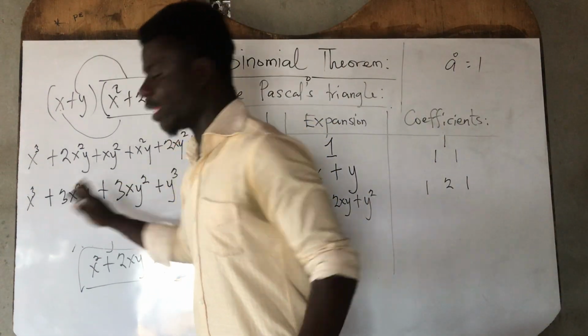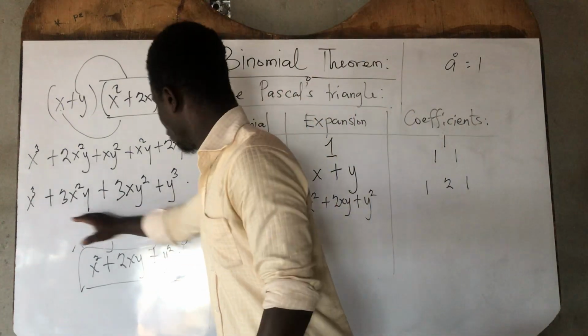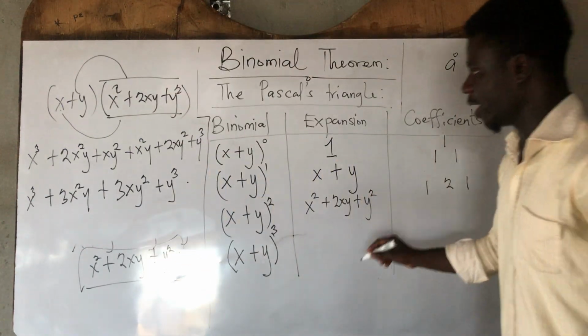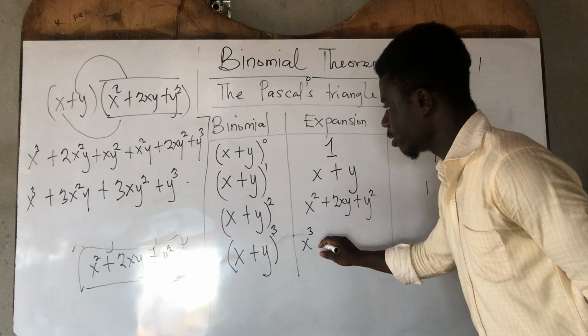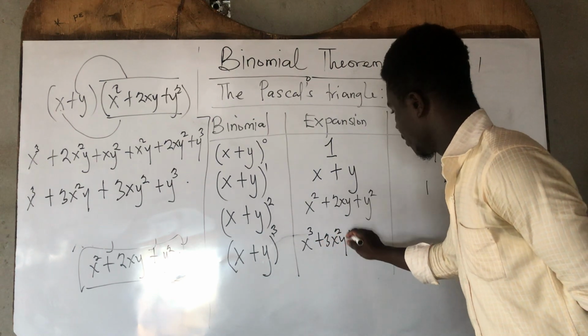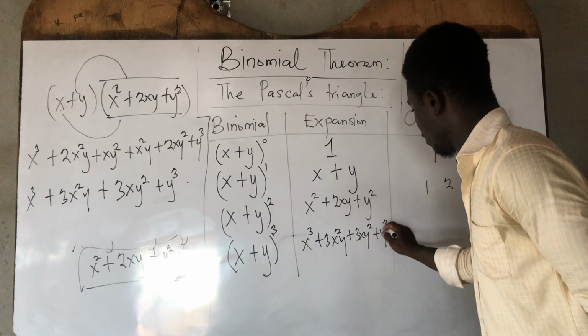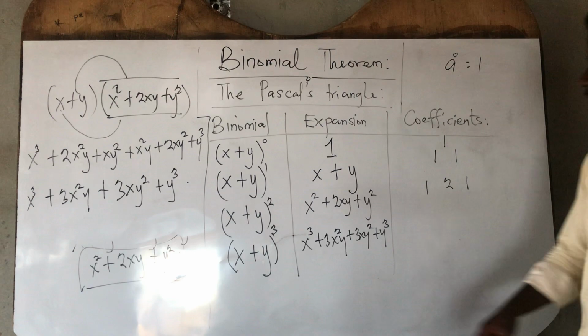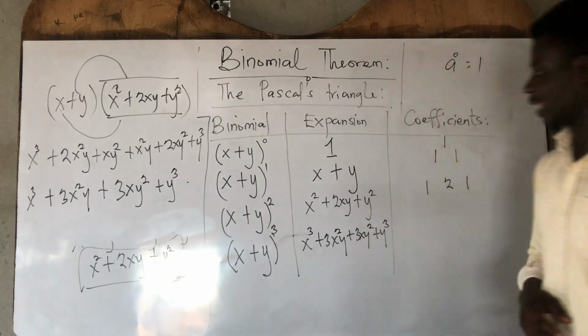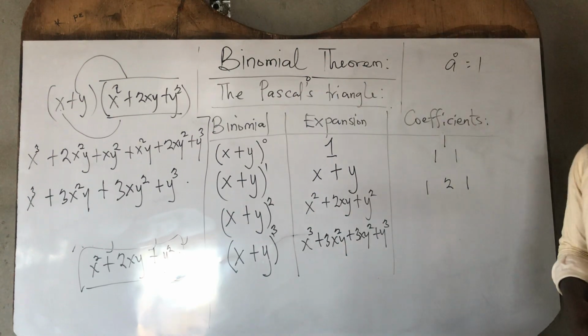You cannot add this to that because they are unlike terms, right? So we list our expansion, which is x cubed plus 3x squared y plus 3xy squared plus y cubed. This is the binomial expansion for that.